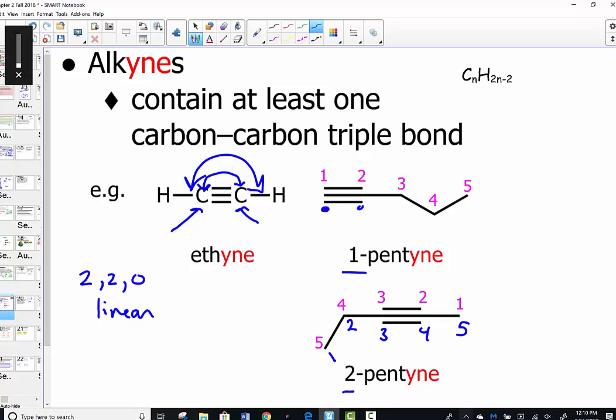Notice how flat the molecule is for the first 3 carbons. This carbon is sp hybridized. It's going to have a straight line coming out of it. Even though it's not shown, there is a hydrogen on this end, and it would be coming out as a straight line, creating a very linear part of the structure.